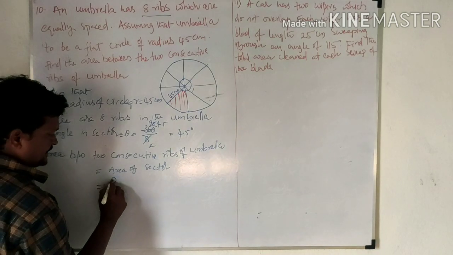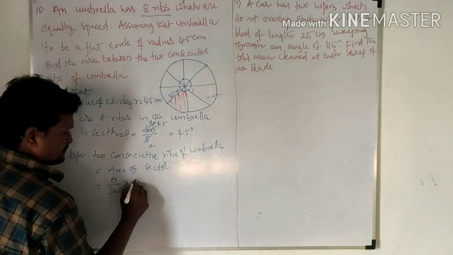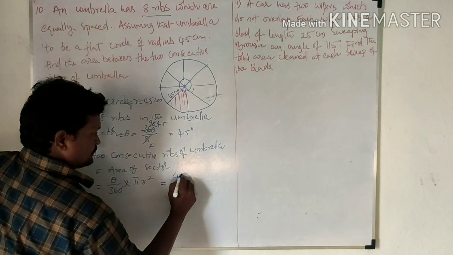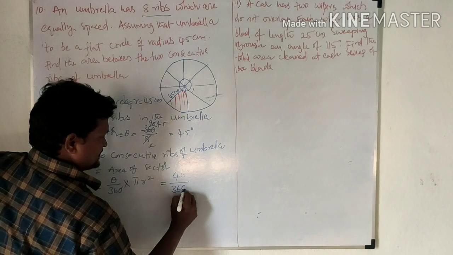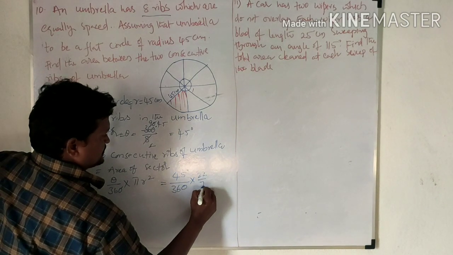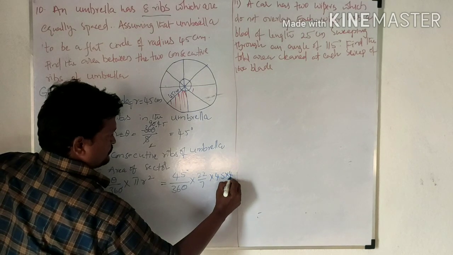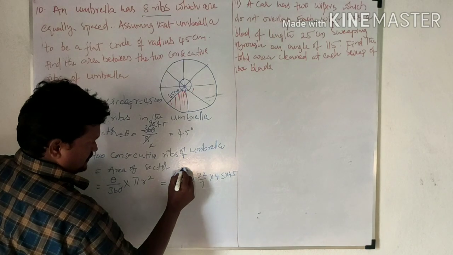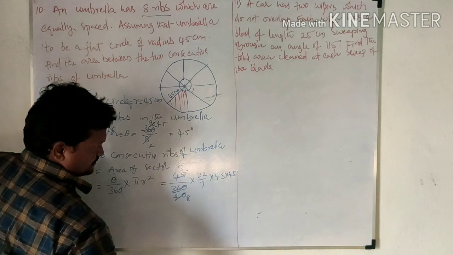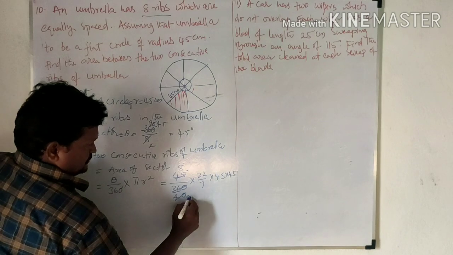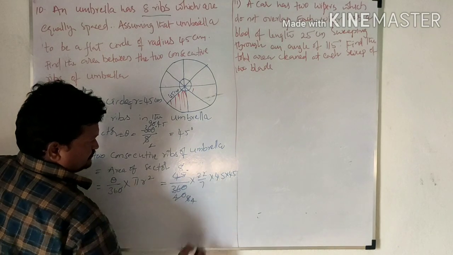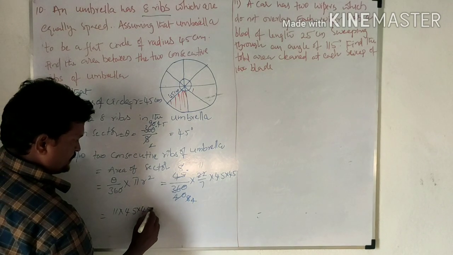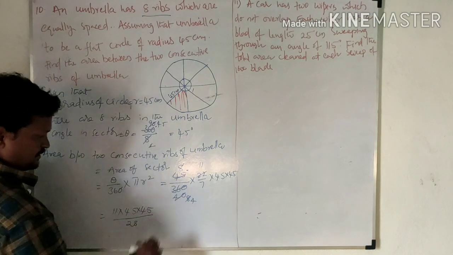That will be theta by 360 into pi r squared. That equals 45 degrees by 360 degrees into 22 by 7 into 45 into 45. Cancelling, this will be 11 into 45 into 45 by 28.